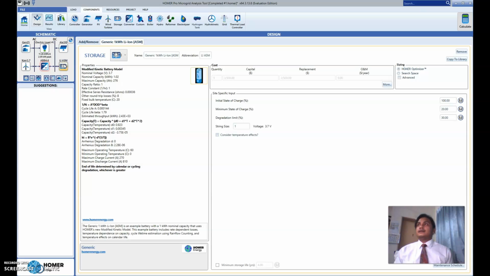Next component is the generic 1 kilowatt-hour lithium ion battery, which we use as our backup battery storage or backup battery bank.